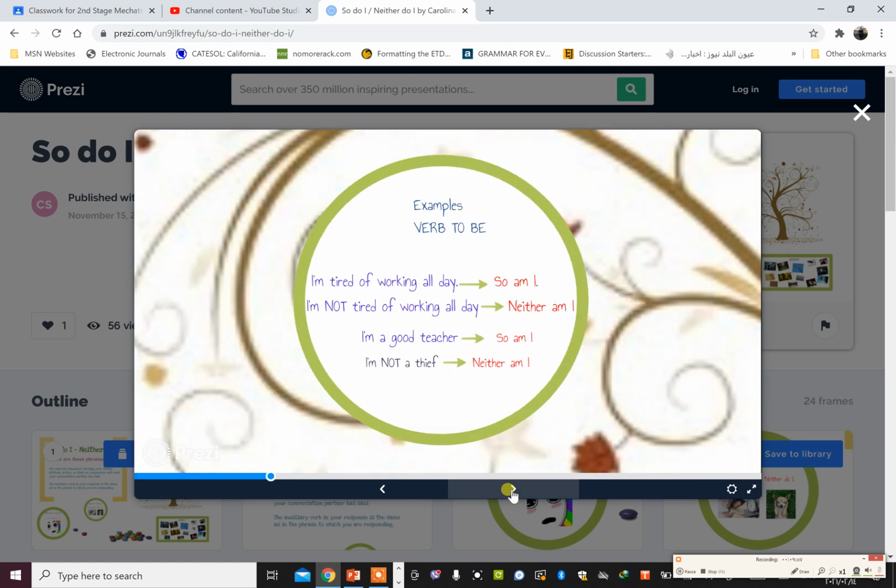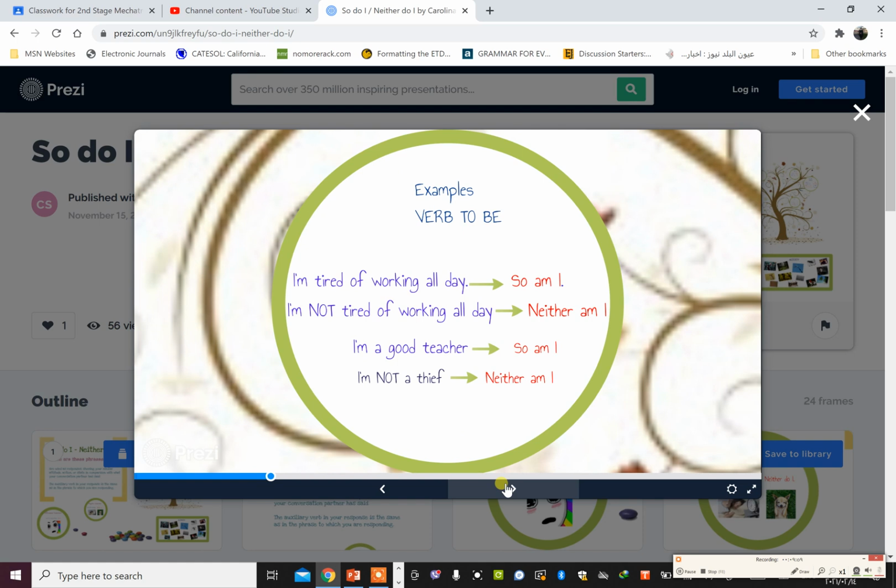Here, for example, I'm tired of working all day. So here the verb is be, basically. So if I try to say I have the same attitude, what I say is so am I. Okay, so we change the auxiliary verb based on the auxiliary verb that it has in the sentence of the conversation partner.